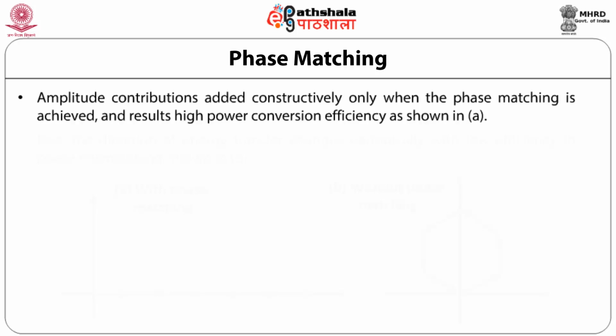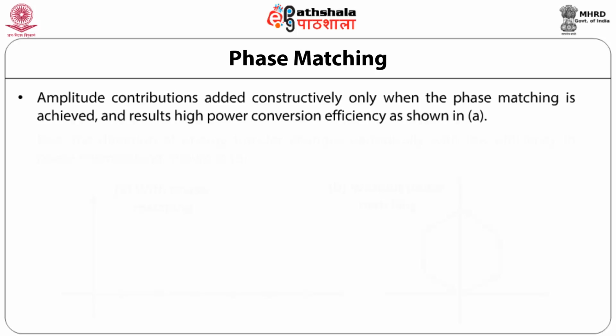The phase matching of frequency doubling is given by delta k is equal to 2k1 minus k2 is equal to 0, where k1 and k2 are the wave numbers of the fundamental and second harmonic beam respectively.